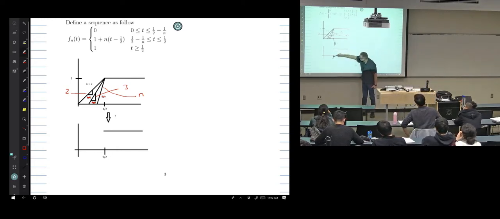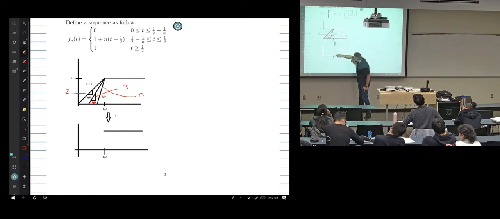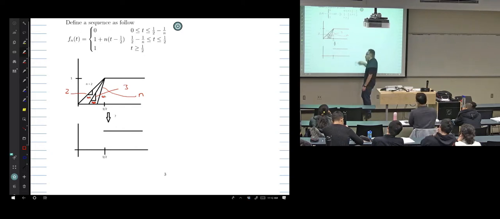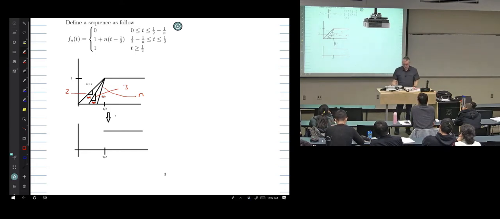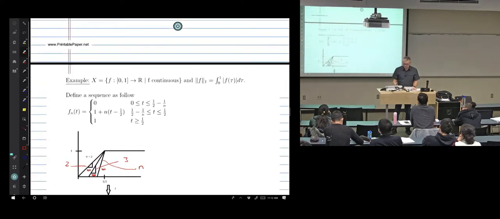Notice we don't put the straight line here because then it's not a function. A function needs to associate one value to the point at a half. So there's a solid circle here, and just to the right of it, it jumps down. So it's 0 up to a half, open interval, and then closed at a half it's equal to 1. That looks like what it's approaching. Is it approaching that function in this norm?